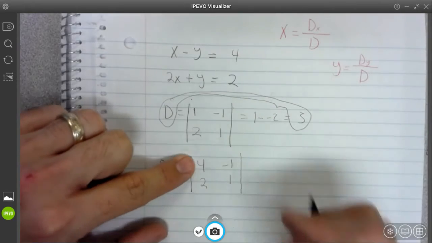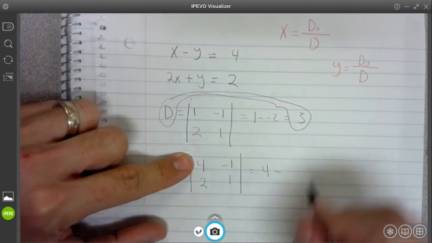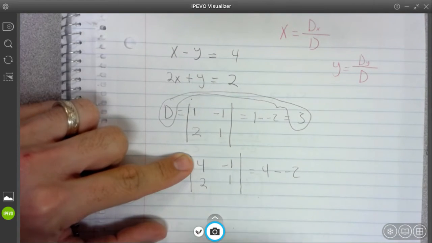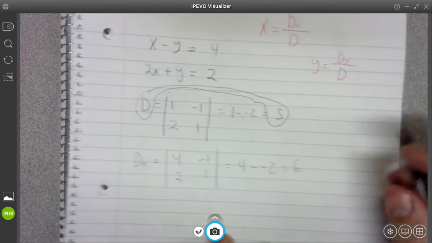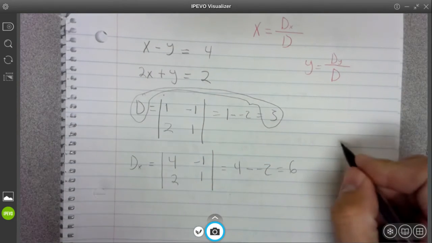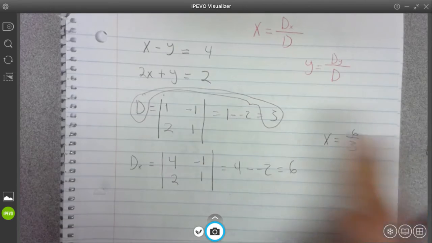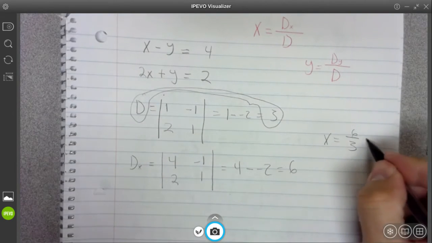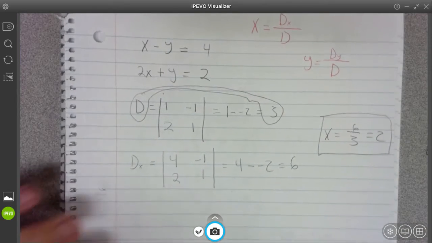Determinant is going to be 4 times 1, 4, minus 2 times negative 1. So you get positive 6. All right. So we already know what x is equal to. x is equal to Dx divided by D. So that's going to be 6 divided by 3. That was our D. So x is going to equal 2. We got that one figured out.